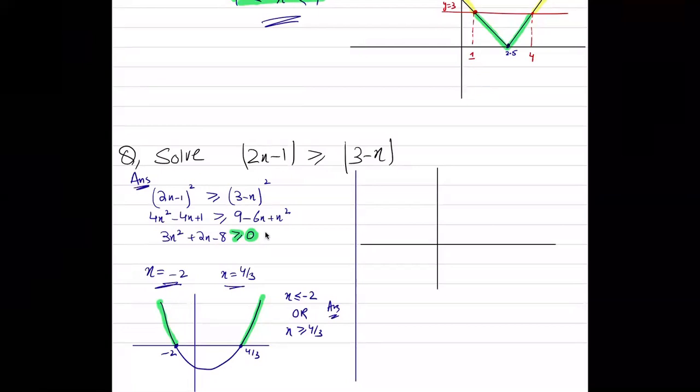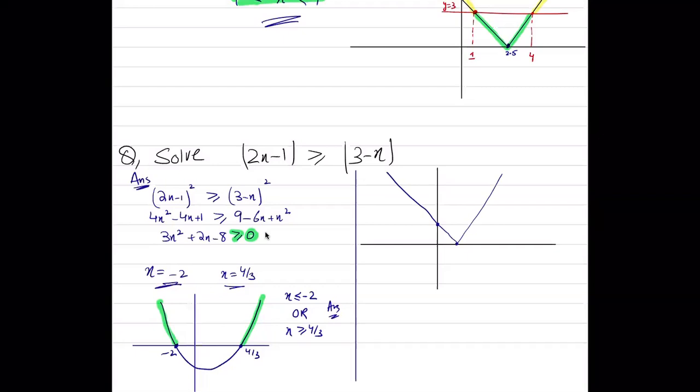Okay, so if I sketch |2x minus 1|, the critical point, the x-intercept, is going to be at 1 over 2, and the y-intercept is going to be at 1. So this is the kind of graph that you could expect.